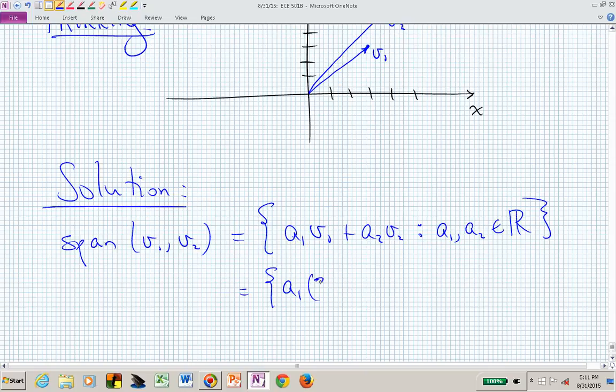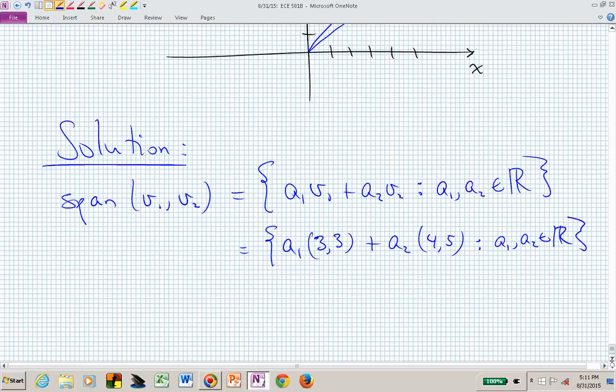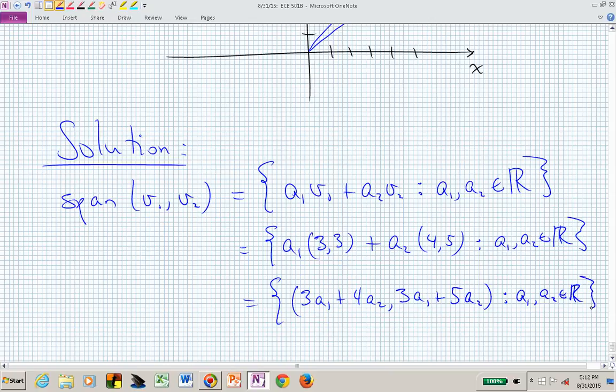So now we could have a1 scaling 3, 3, and a sub 2 scaling 4, 5. So that now we have 3a1 plus 4a2 and 3a1 plus 5a sub 2, such that a1 and a sub 2 are any real numbers.